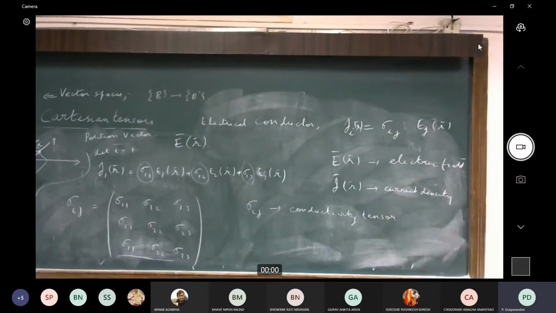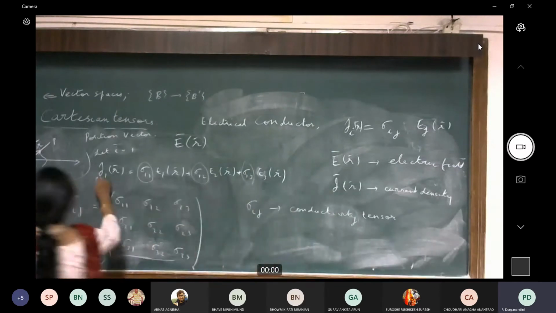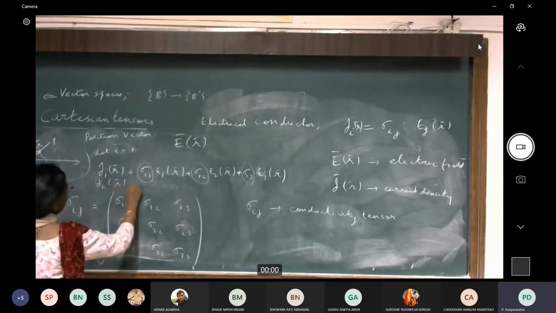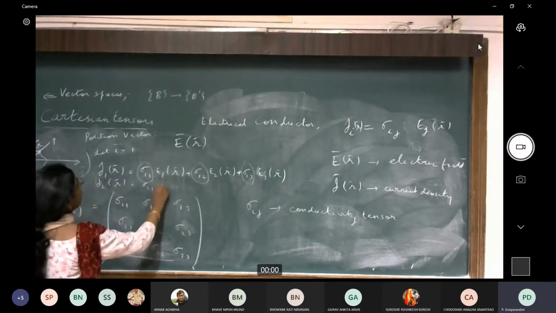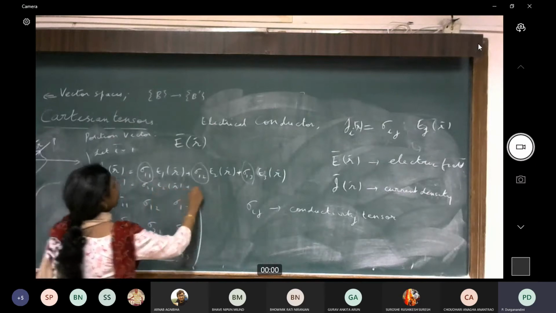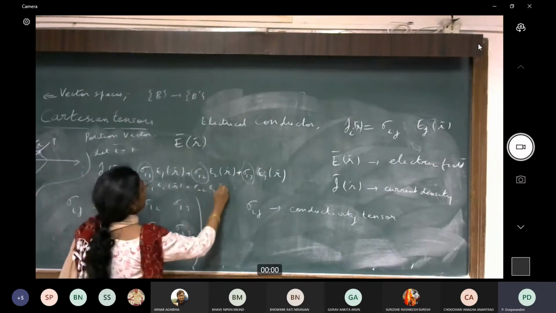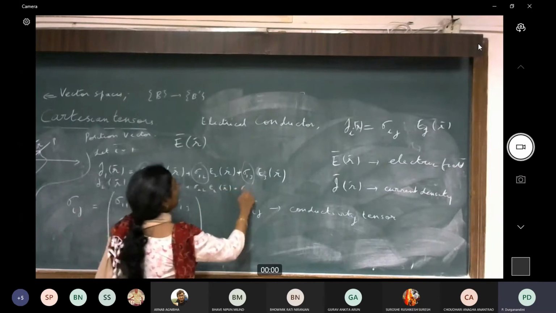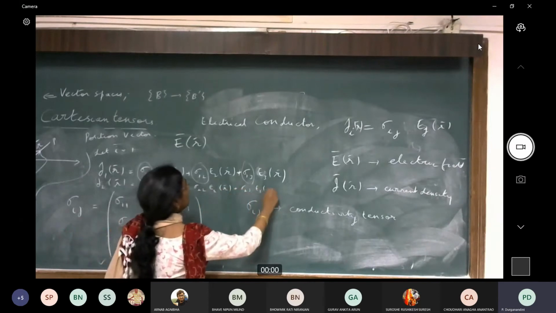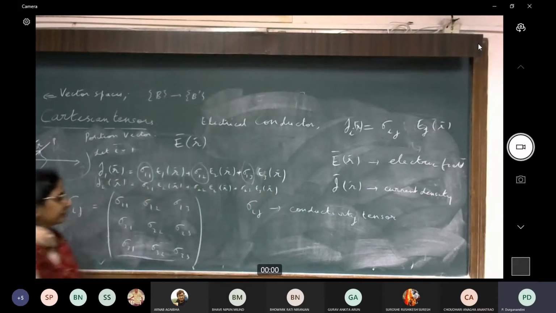I'm saying it's isotropic. See, this is saying J1(r) is this. Now J2(r) will be, for example, I'm just writing this, sigma 21 E1(r) plus sigma 22 E2(r) plus sigma 23 E3(r). And similarly.